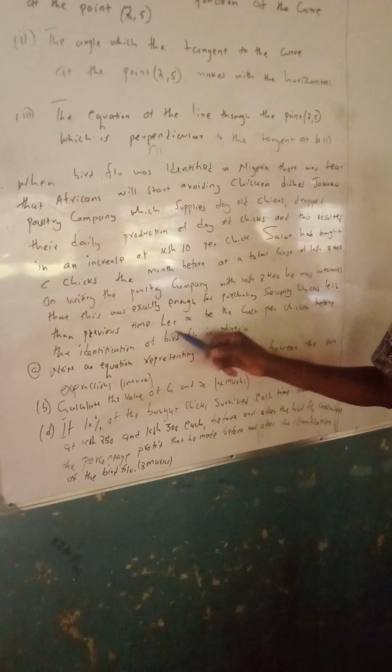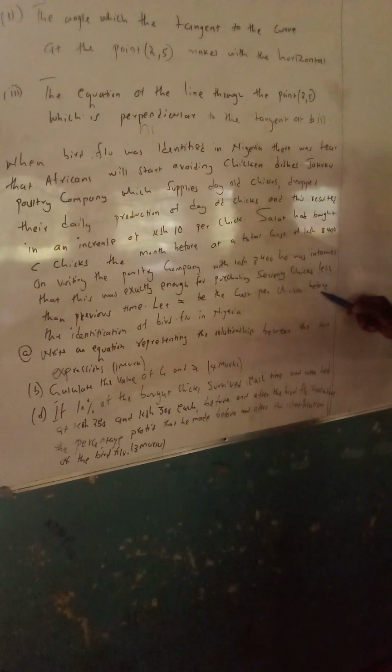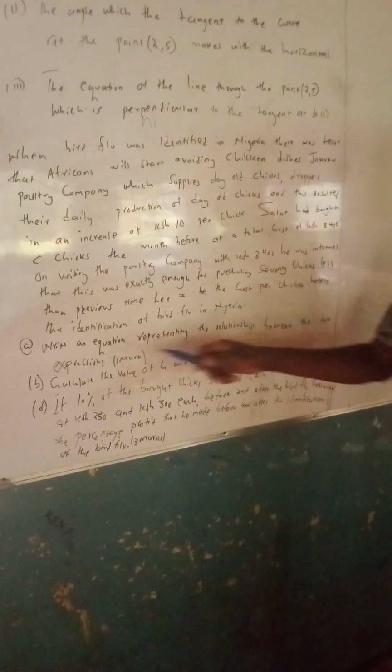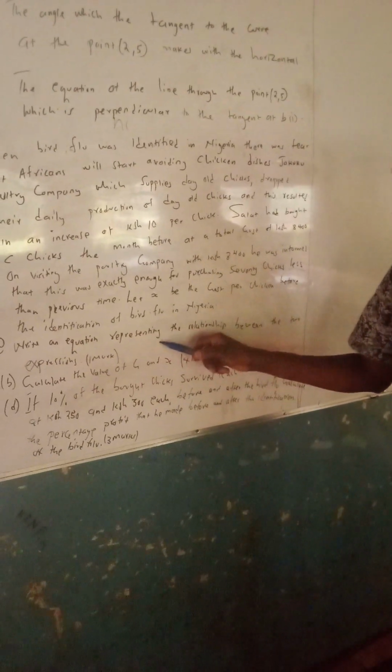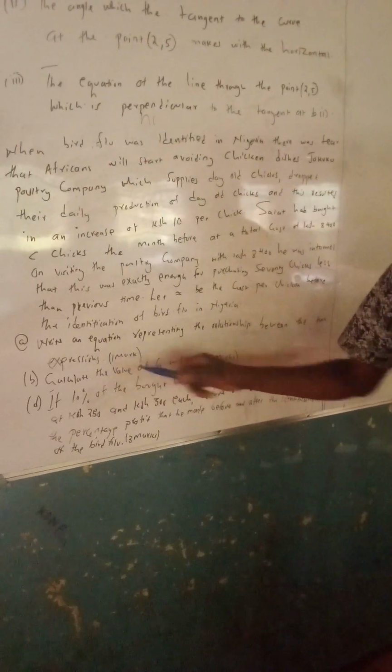Let X be the cost per chicken before the identification of bird flu in Nigeria. Write an equation representing the relationship between the two expressions.